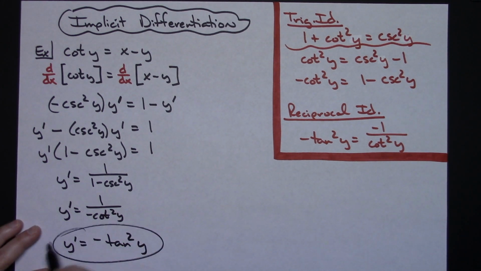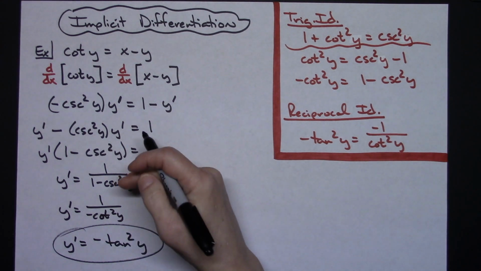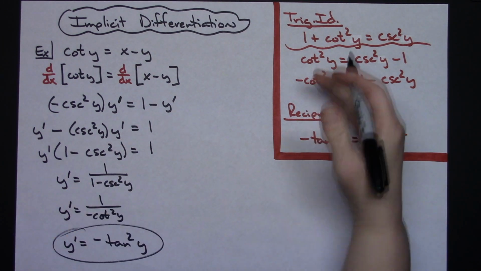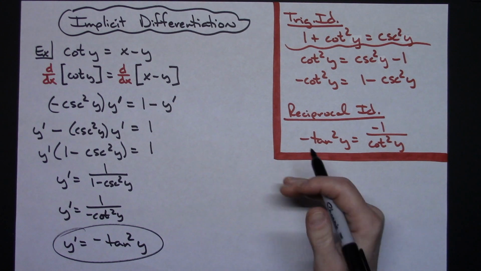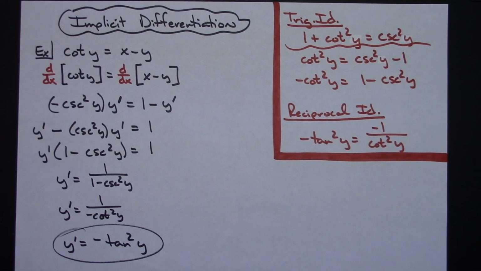This clearly is a nicer answer than what we had up here. Not that you're wrong at this point, but you can just keep simplifying and it makes things a lot nicer. To be able to do all of that though, you've got to have a really good grasp of those trig identities and what they look like when you algebraically manipulate them.